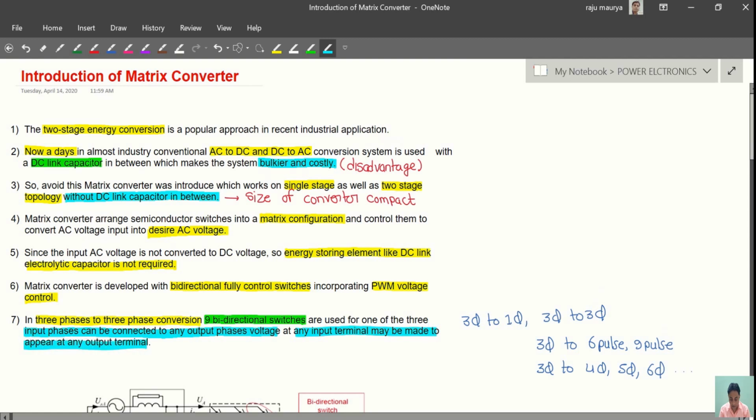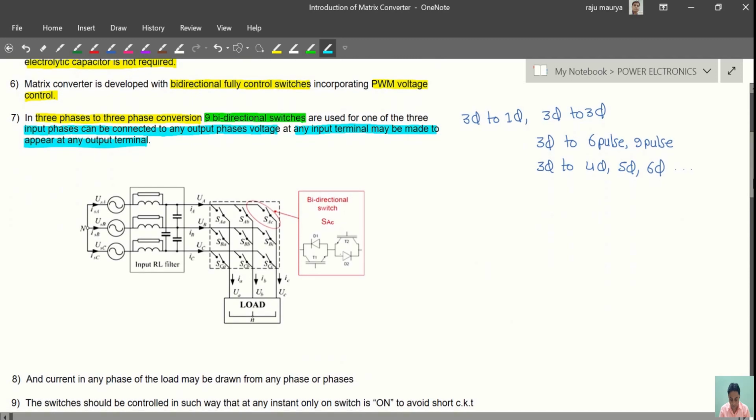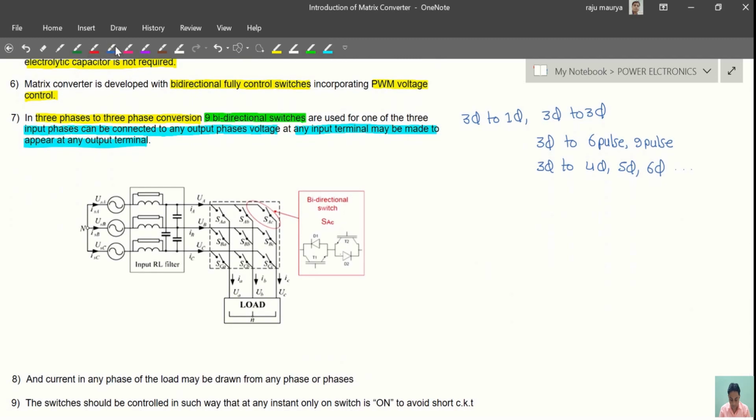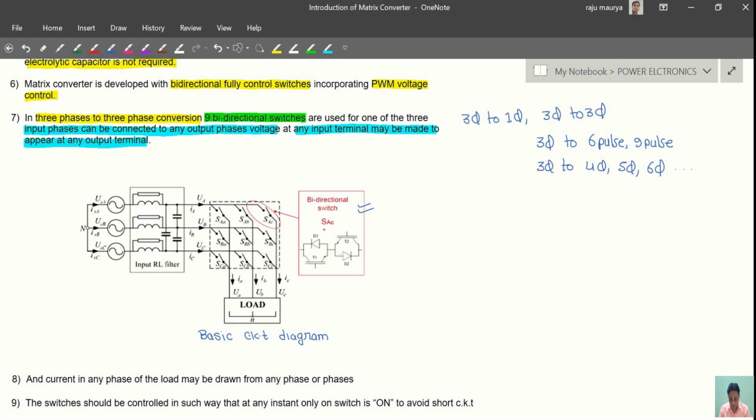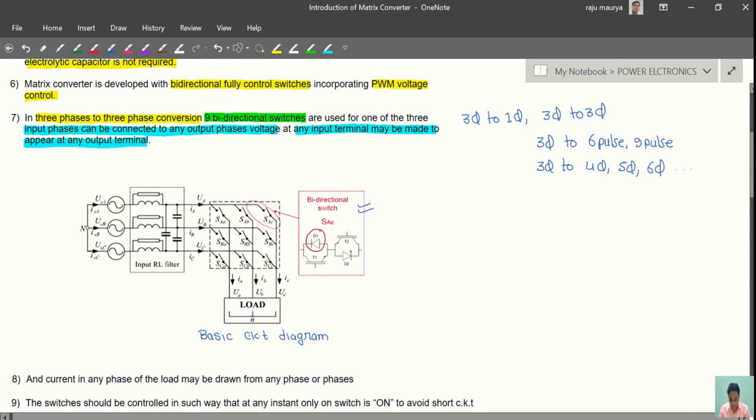And this is the basic diagram of a matrix converter, having nine switches for three-phase to three-phase conversion. This one is a bidirectional switch, and this is its representation. Two diodes are used for feedback purposes, and two control devices are used to control.